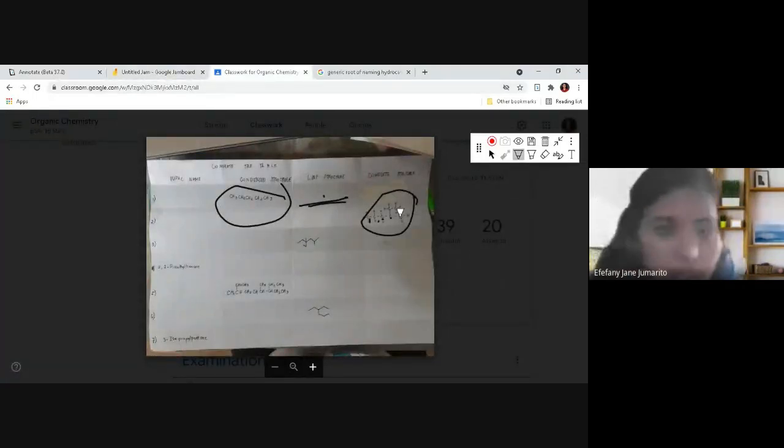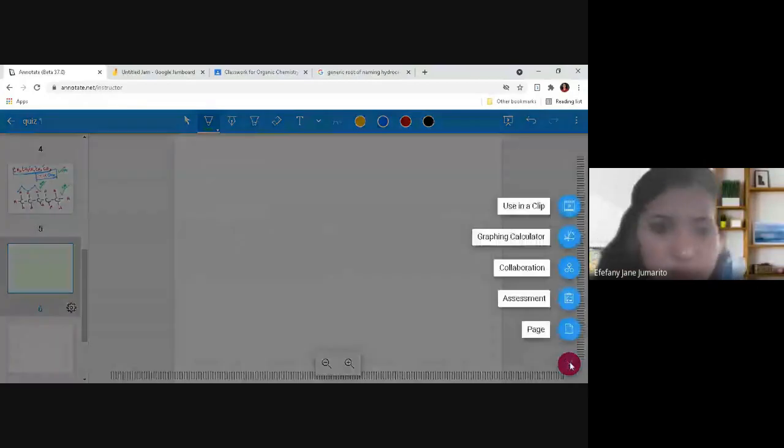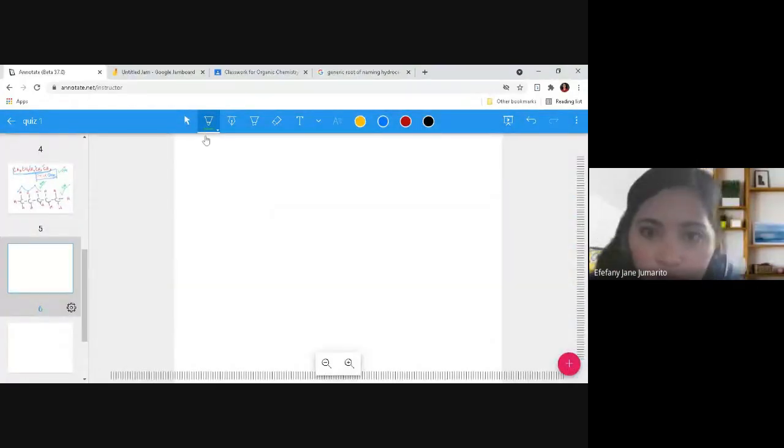Okay, it is 5 in a straight line. So let's write that one. We have C, 2, 3, 4, 5.